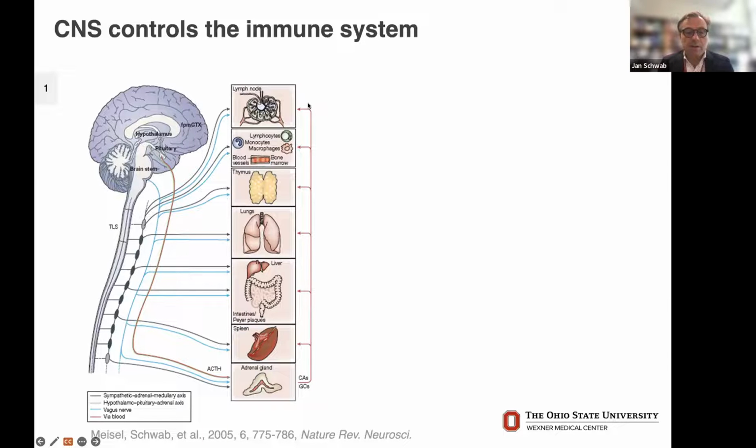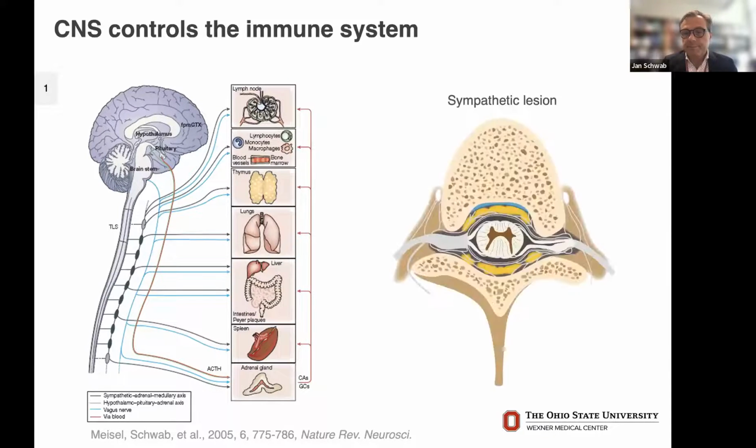And you can see here that these different immune compartmentalized organs are differentially innervated along the neuraxis. What does a spinal cord injury do now? Well, a spinal cord injury causes a sympathetic denervation, or in anatomical terms, a preganglionic injury. And depending, of course, on where the lesion is, completely different denervation profiles will emerge.